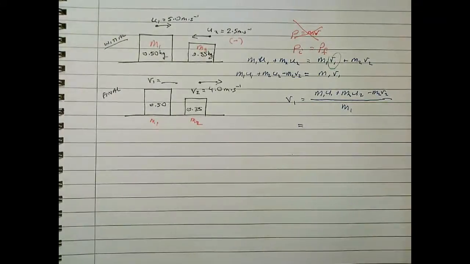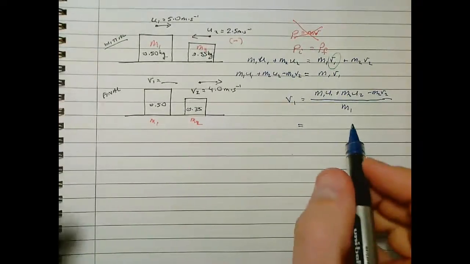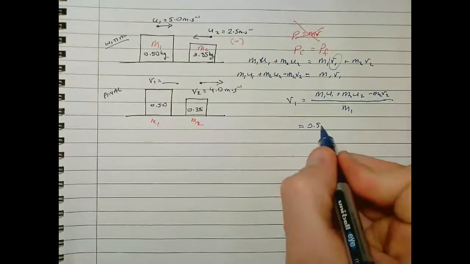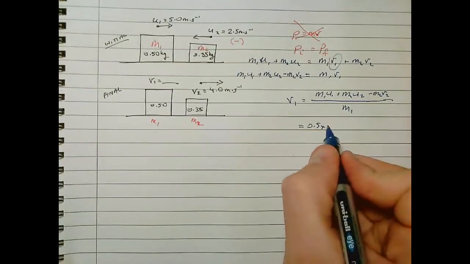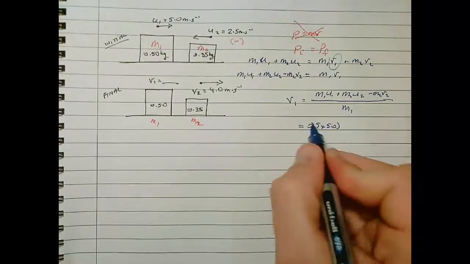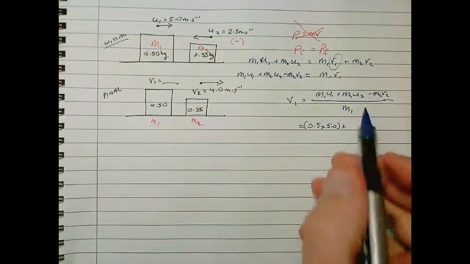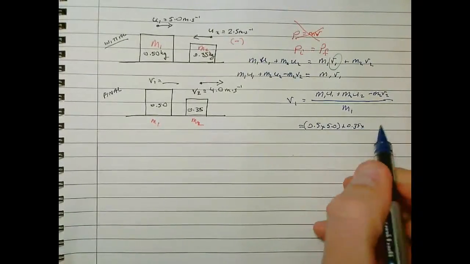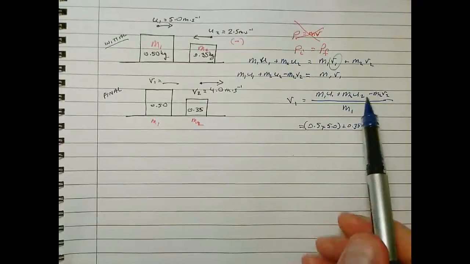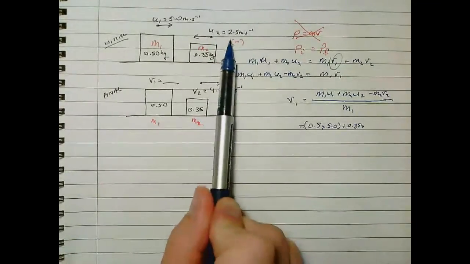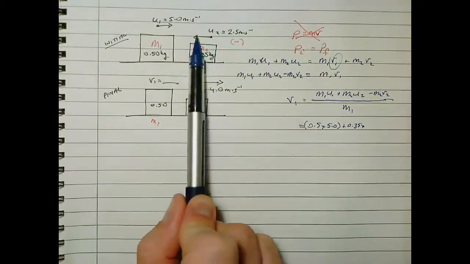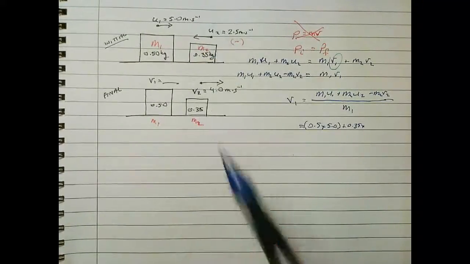So I'm now going to substitute in our known values. We have our mass 1 of 0.5 kilograms multiplied by our initial velocity of object 1. We're going to add that to mass 2, which is 0.35, multiplied by our initial velocity of object 2. Now, we need to consider the negative sign because it is an initial velocity in the opposite direction, so I need to place a negative in front of that.